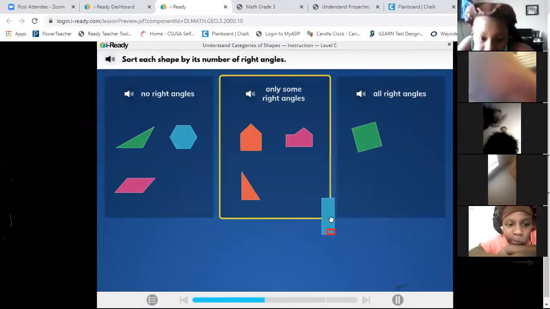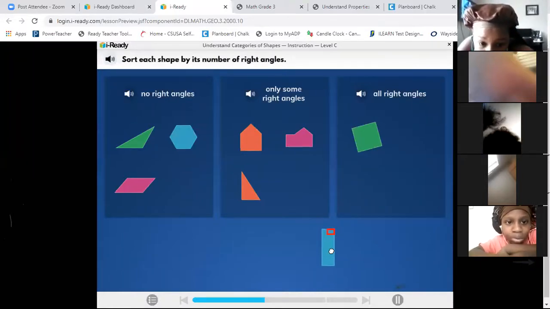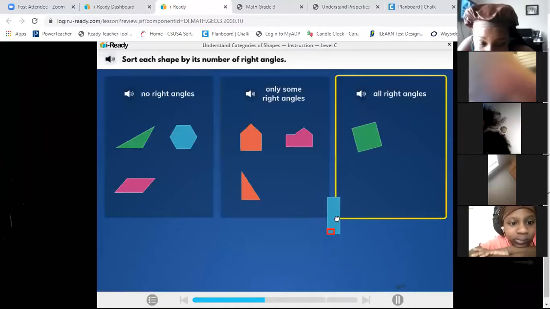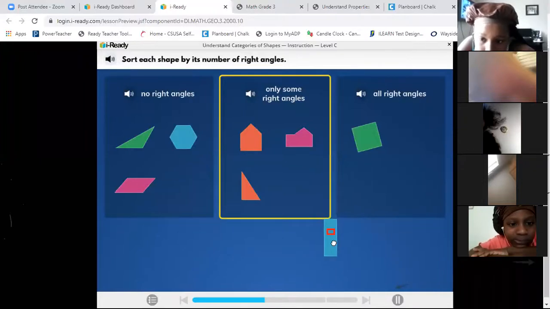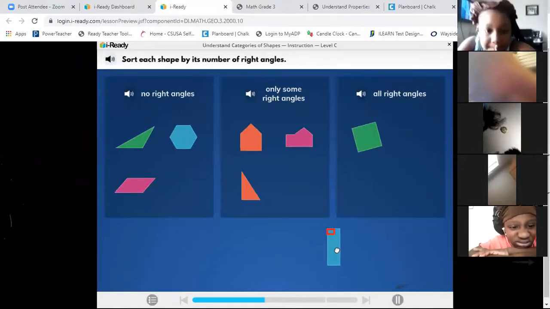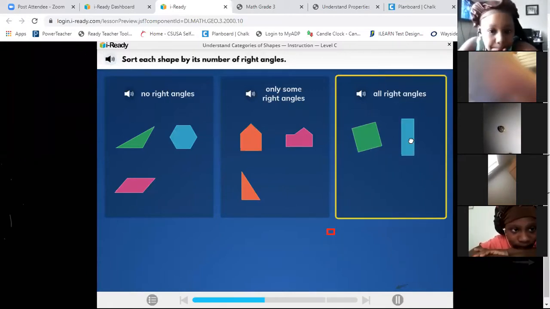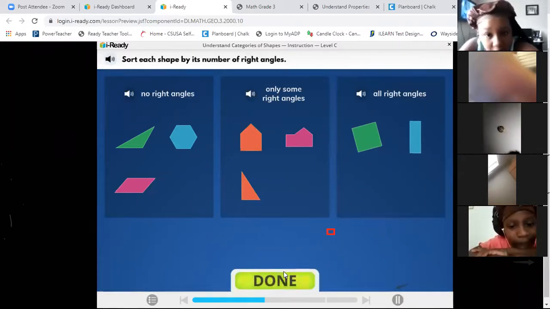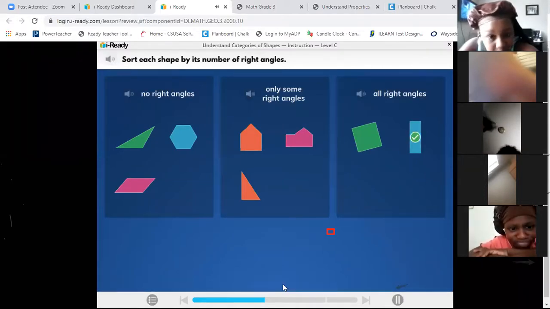So do you still think it's some? No, I don't. Never mind. So which one do you think it is? All. All right angles? Yeah. You got it.